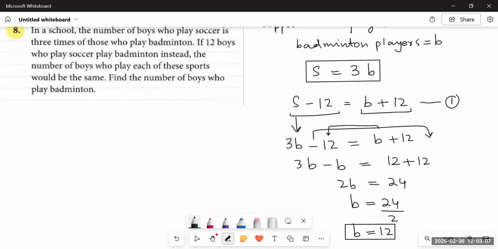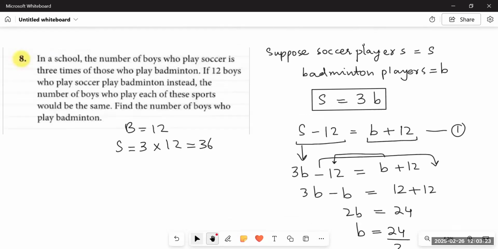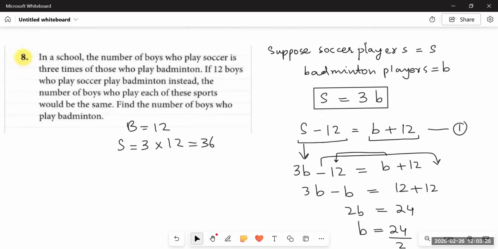If there are 12 badminton players, then there would have been 3 times, that is 36 soccer players, right? This was the first statement where we were provided with the relation that the soccer players are 3 times the badminton players. So earlier we would have 12 badminton players and 3 times of that as 36 players for the soccer ones.